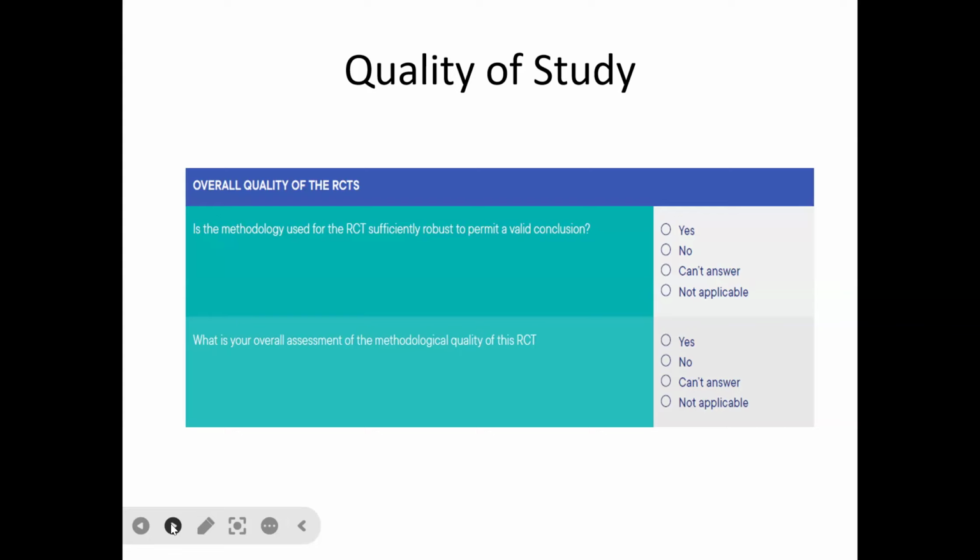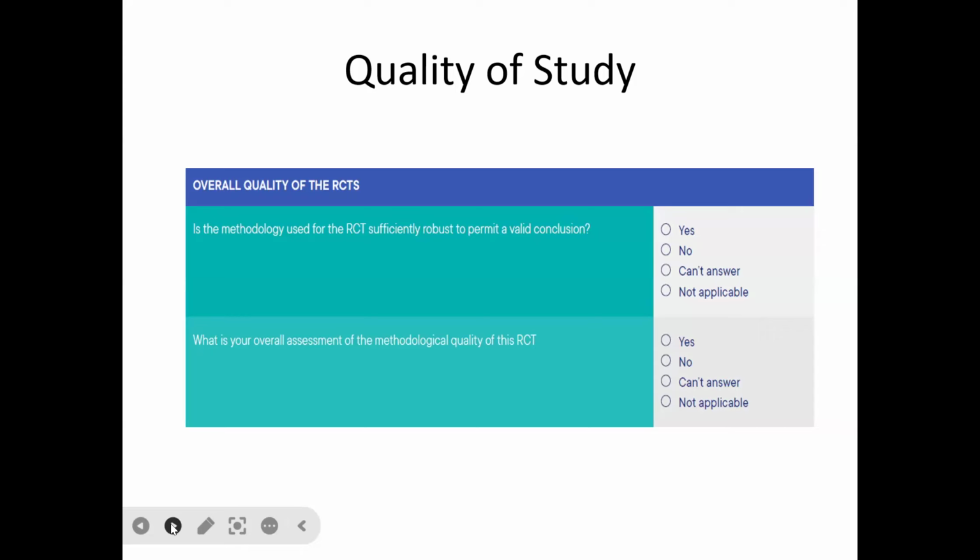Is the methodology used for the RCT sufficiently robust to permit a valid conclusion? The answer would be yes, because we got most of the answers as yes, except for a doubtful or can't-say kind of caregiver bias or patient knowing the outcome of ERA. And methodological quality, again, it's good.